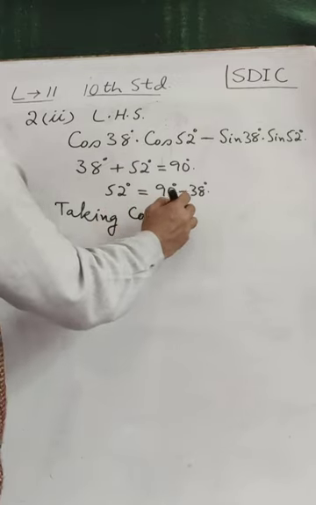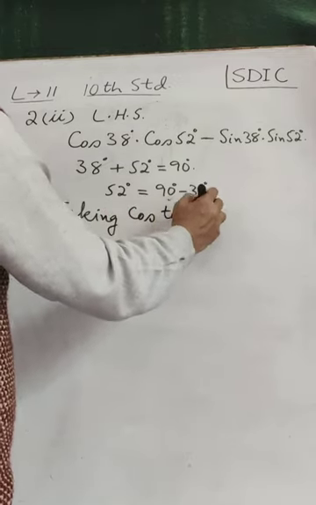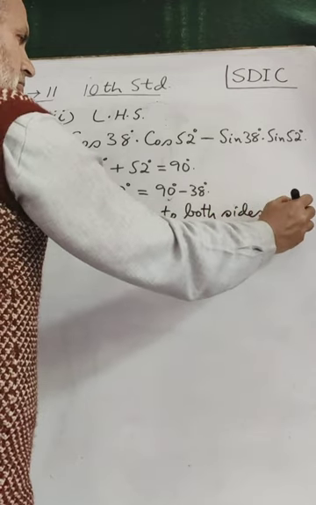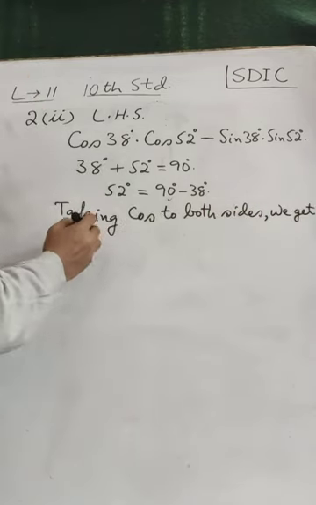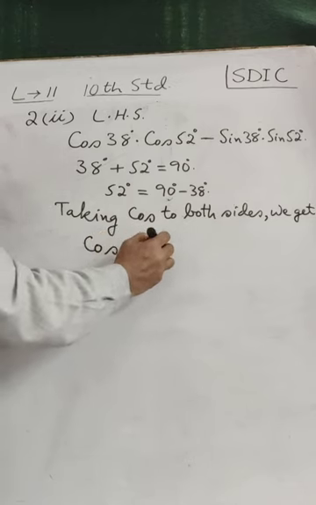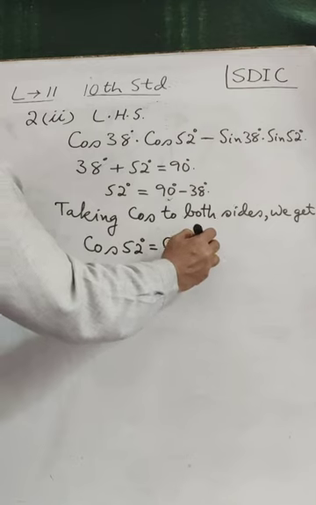Taking cos to both sides, we get cos 52 degrees is equal to cos of 90 minus 38 degrees.